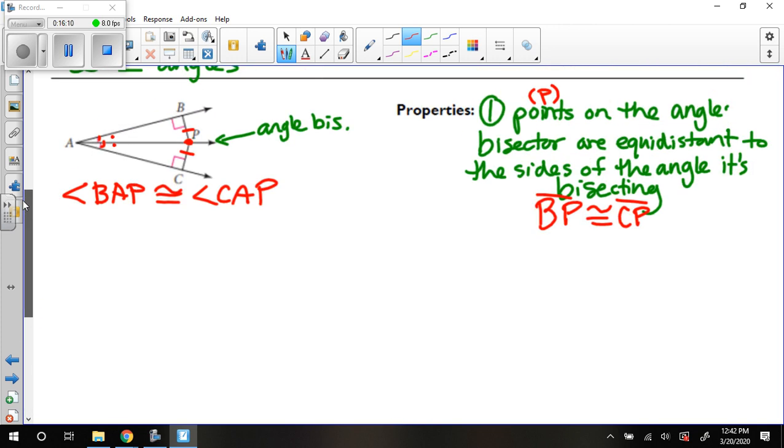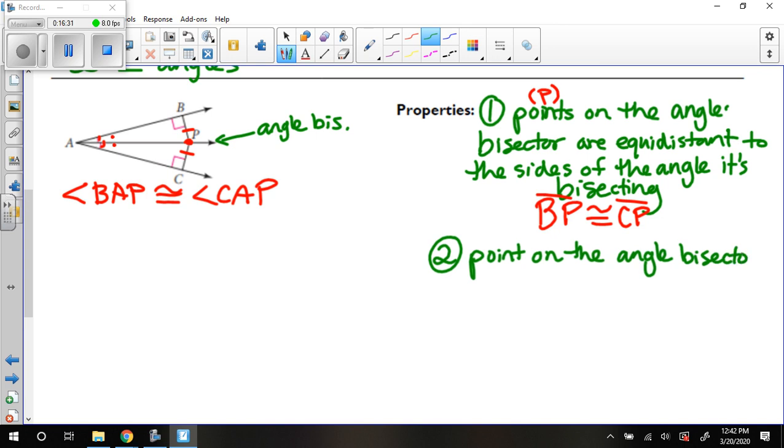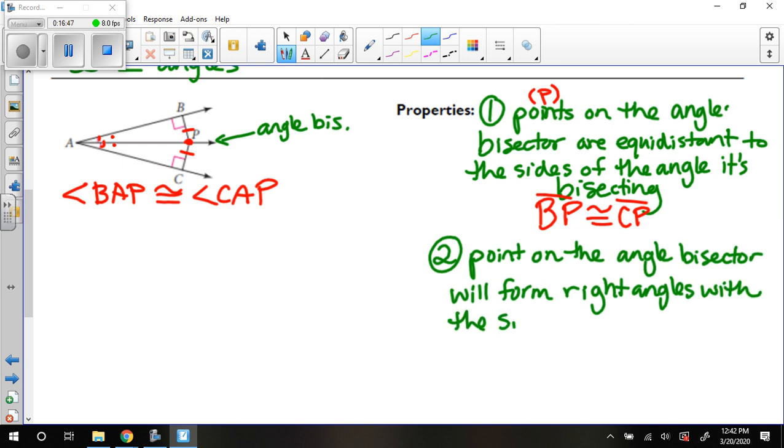Okay, I've got one more property to talk about. And that is a point on the angle bisector will form right angles with the sides of the angle it's bisecting.